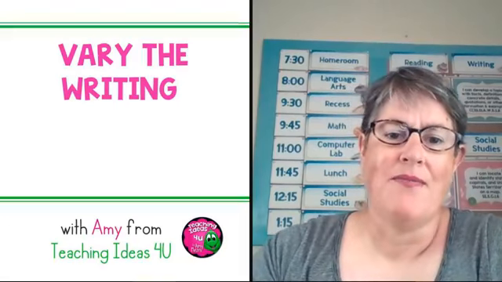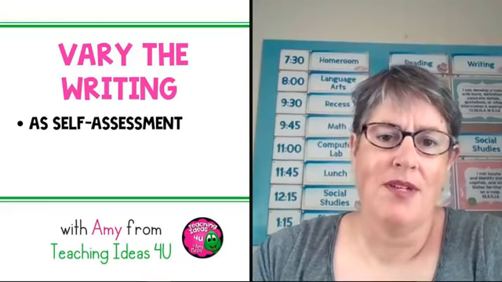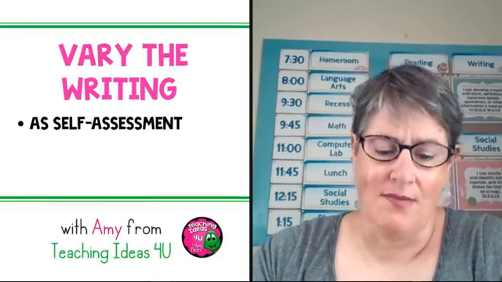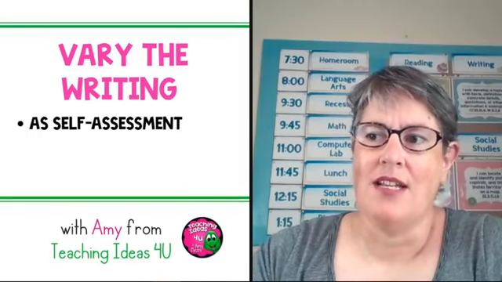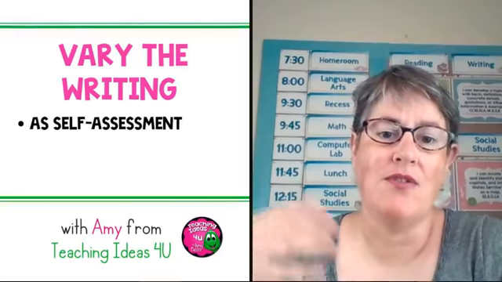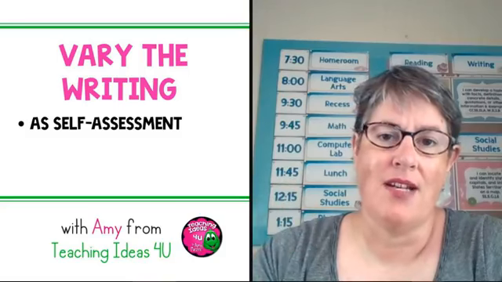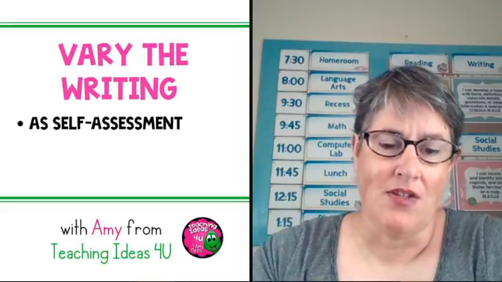So let's talk about some of the ways you can use writing. Formative writing can be used as a self-assessment. You want students to start to use their writing to realize what they know and what they don't know. So we're using these types of self-writing or self-assessment writing to build metacognition.